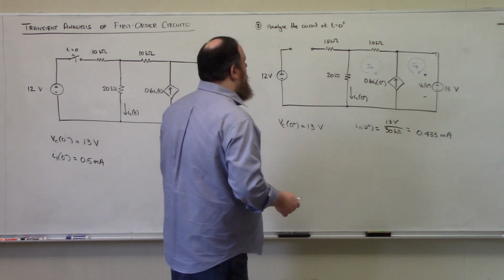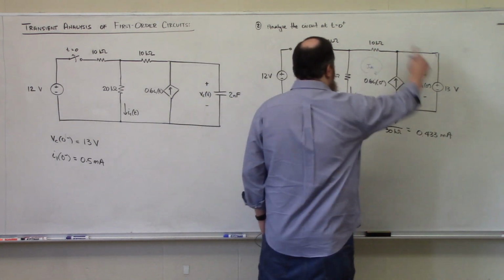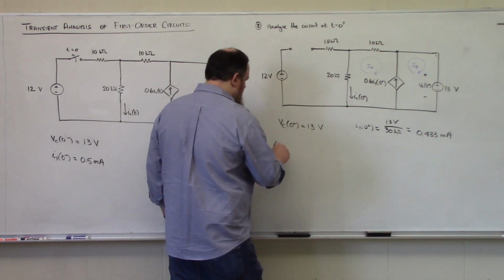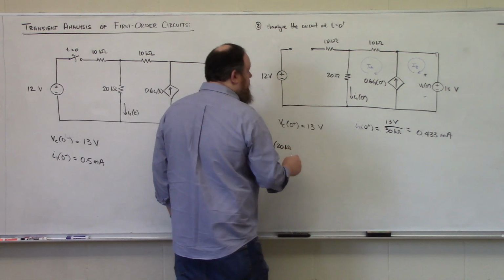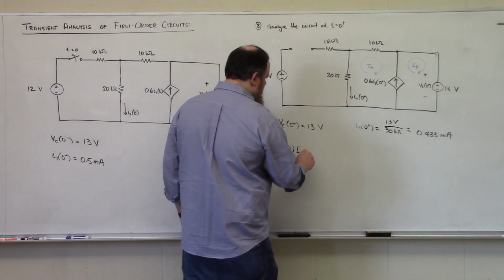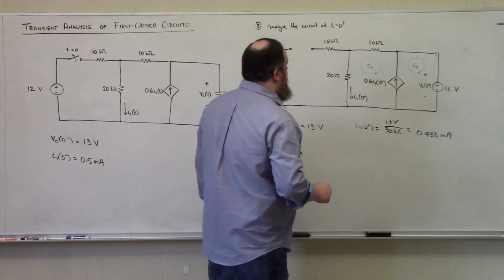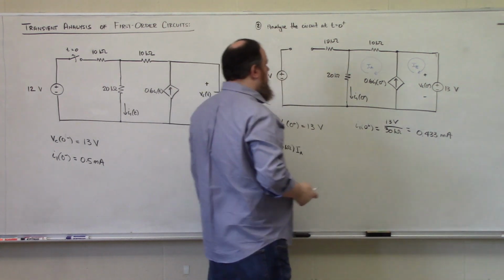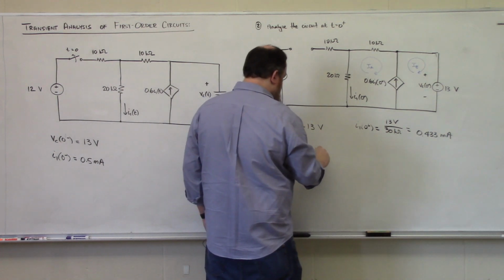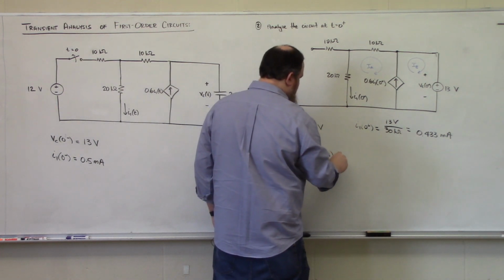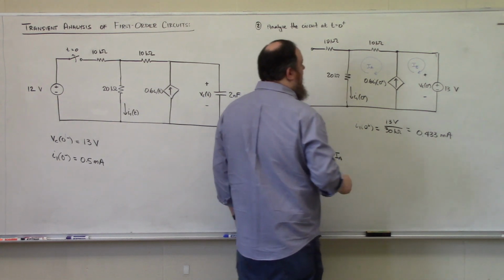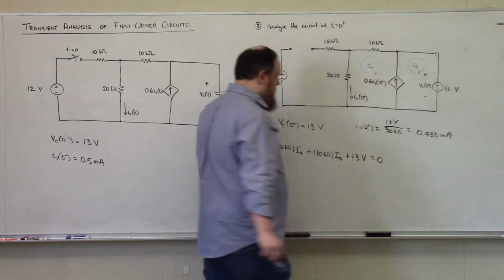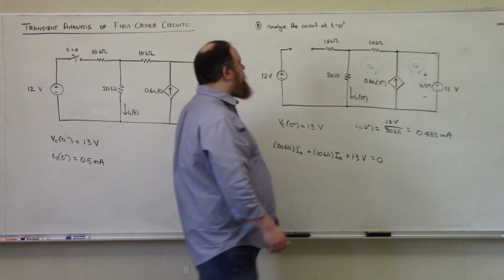So performing Kirchhoff's voltage law around the super mesh, because I have an interior current source, gives me 20 kiloohms times my mesh current IA. Remember, this is an open circuit, so there will not be a mesh current circulating around here, plus 10 kiloohms times mesh current IA plus 13 volts is equal to 0. So that's around my super mesh.